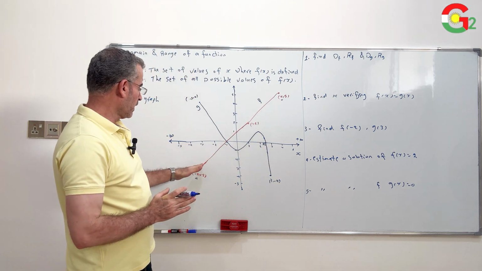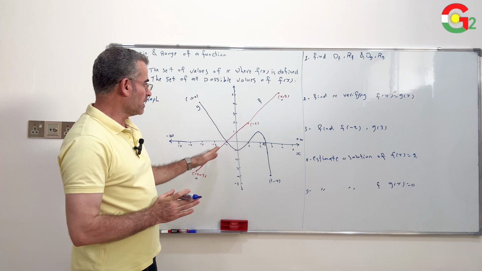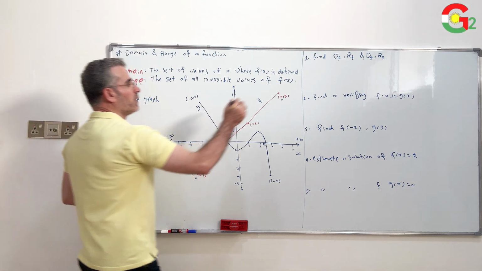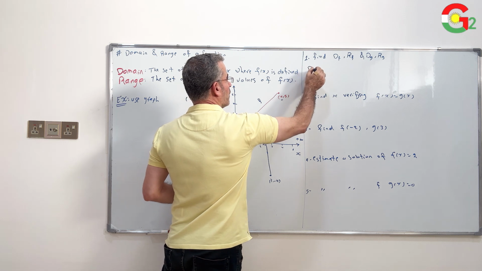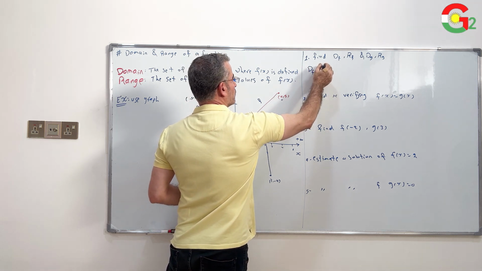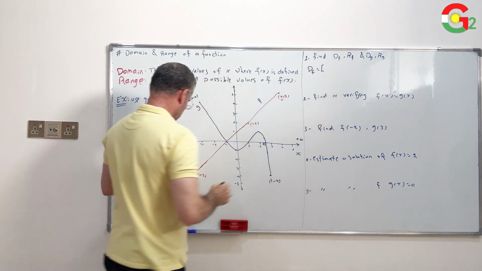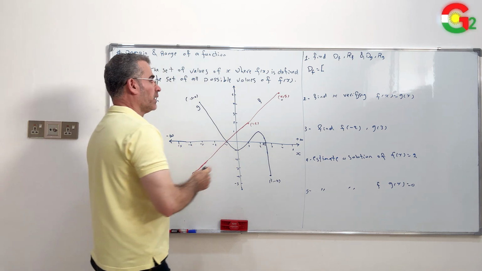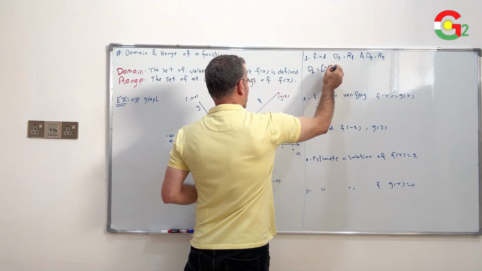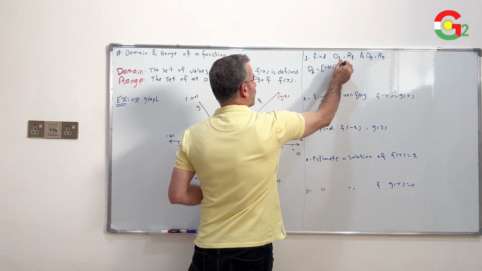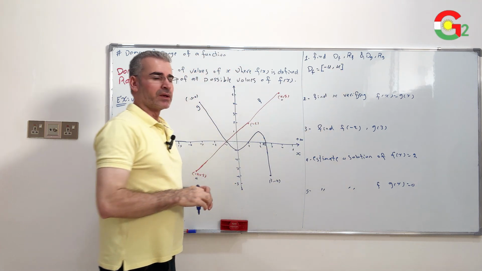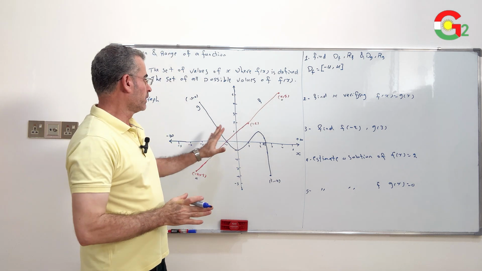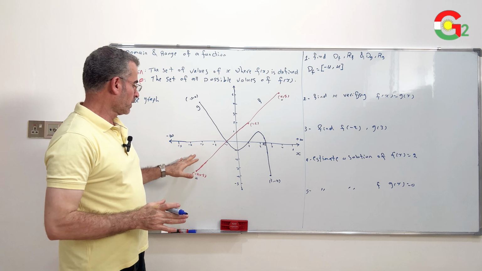The line does not contain any gap, any cutting, or any jumping. Then the domain of f equals the closed interval from -4 to 4, closed bracket because -4 lies in the line, and also closed bracket because 4 lies in the line. This is for the domain.